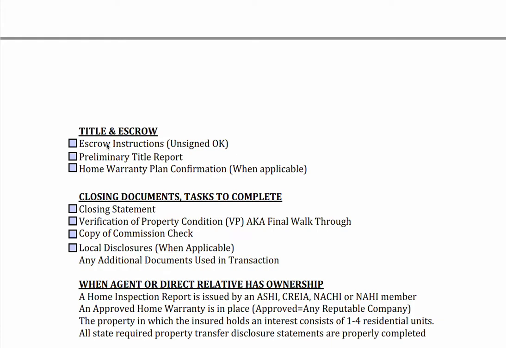But you have to understand that brokers get dragged into everything that goes wrong. So if we get a letter down the road that the buyer is going after the seller because there was something in the HOA that they didn't know about, or the home warranty was ordered wrong, or whatever it is, we want to have a copy in our records so that we can look at it and furnish it to our E&O company, our insurance company, or our attorney, or whoever we're using, even me answering a phone call or a letter, and say, no, we reviewed it, and the buyer signed off, so we're no part of this.